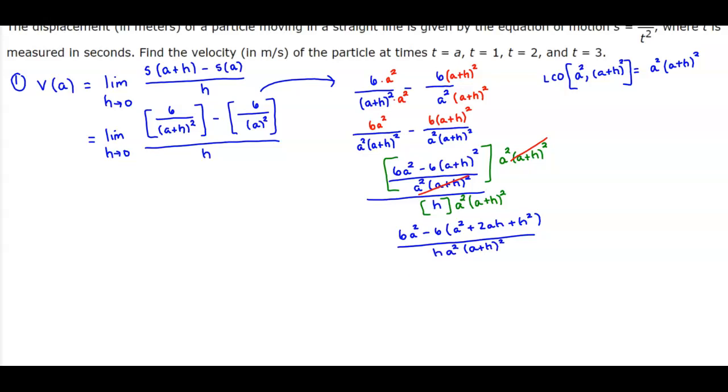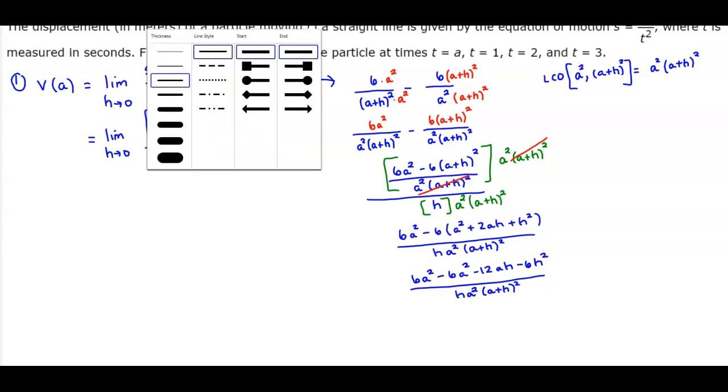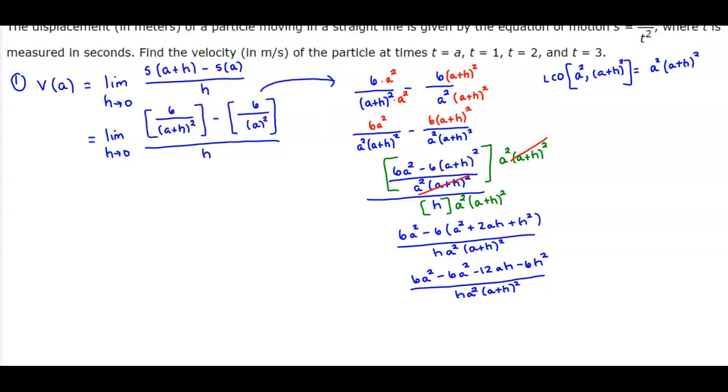Now let's distribute that 6. So we have 6a squared minus 6a squared minus 12ah minus 6h squared all over h times a squared times a plus h squared. Now if we combine like terms in the numerator, the a squared terms cancel to 0.